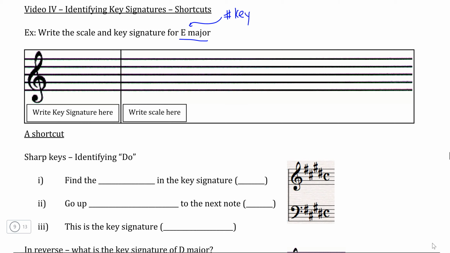The next thing to figure out is how many sharps are contained within E major, and we can use the circle of fifths in order to solve this problem.